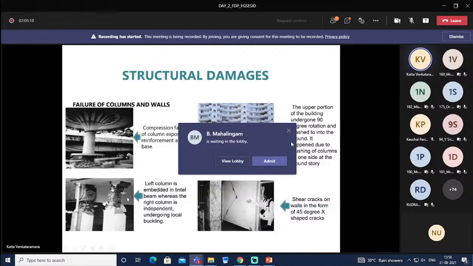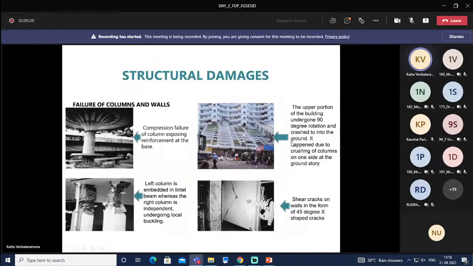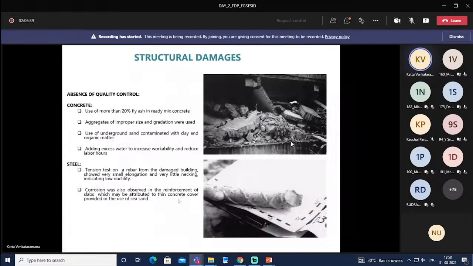The upper portion of the building underwent 90-degree rotation and crashed onto the ground. It happened due to the crushing of columns on one side at the ground story. And here, shear cracks on the walls in the form of 45-degree. We saw earlier also these kinds of X cracks.